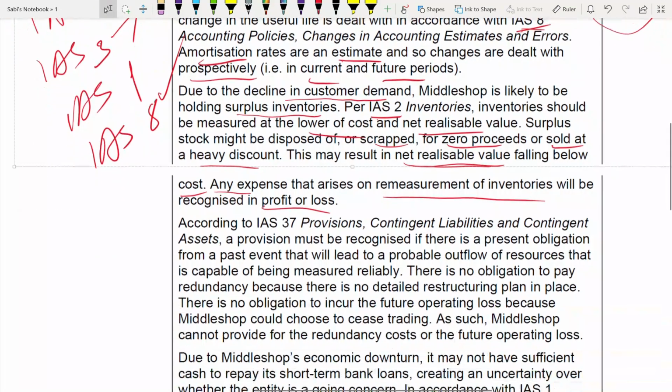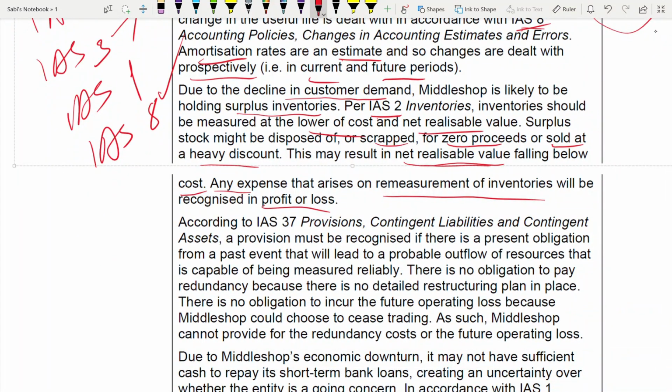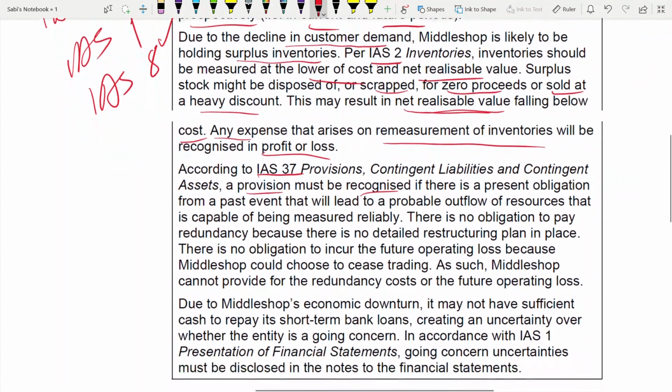Provisions, contingent liabilities and contingent assets. Okay, will a provision be recognized in this case? But give the definition. If there's a present obligation from a past event, because of that you will have a probable outflow, and it can be measured reliably, then you have to recognize a provision. So in this case, you have to see whether there's an obligation or not.